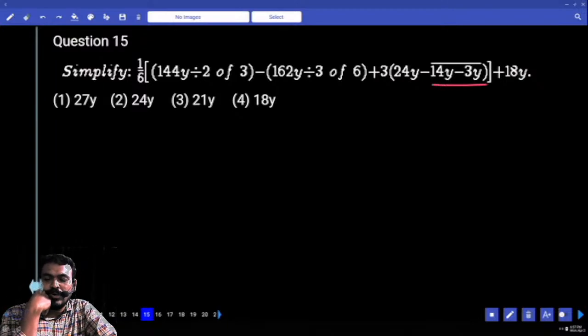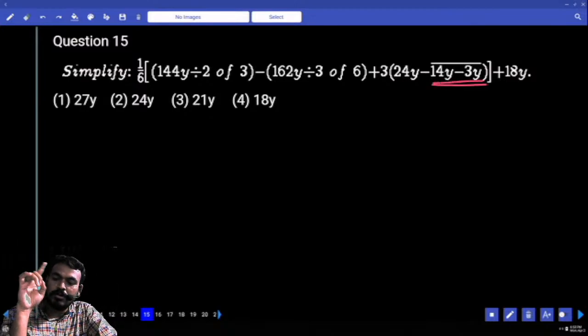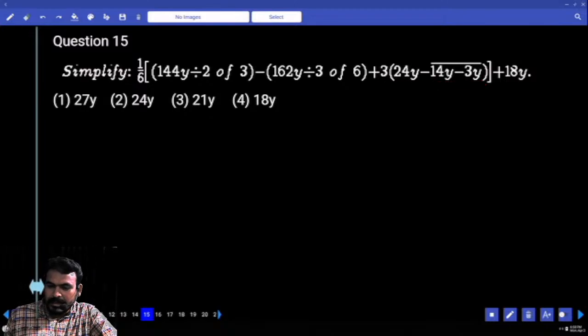Minus 14y minus 3y means first 11y. Only the bar value 11y. 24y minus 11y, 13y, or 13y into 3, 39y. This total value you are getting is 39y.